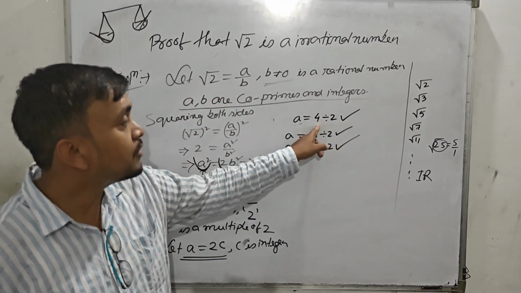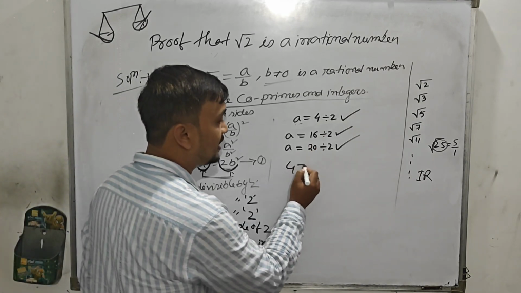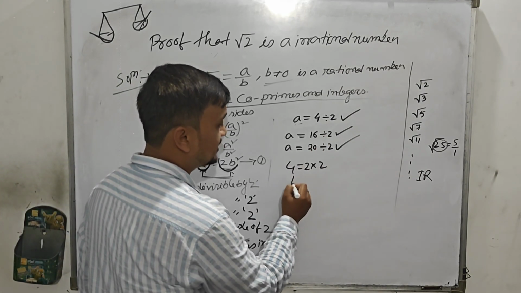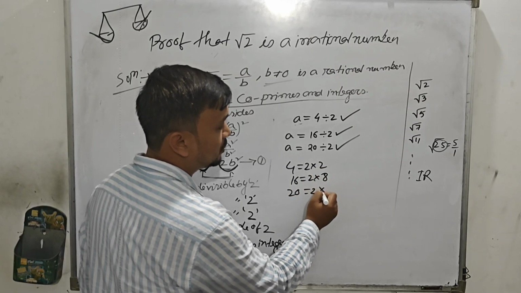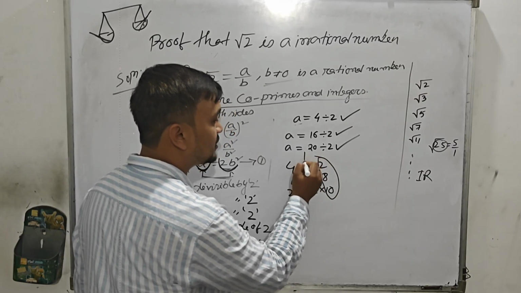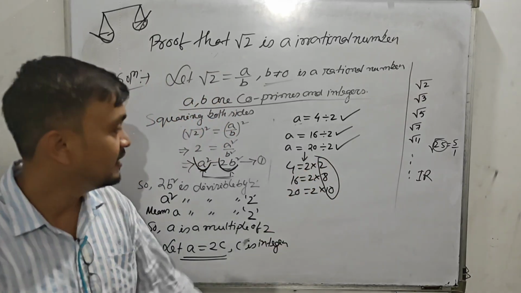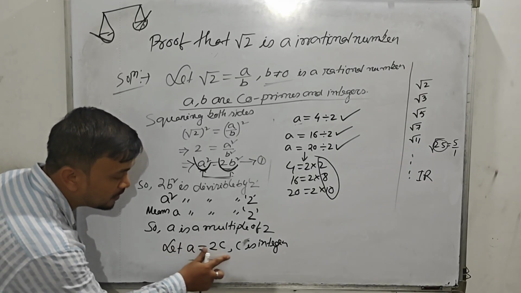These values of a, 4, 16, 20, can all be written: 4 as 2 into 2, 16 as 2 into 8, 20 as 2 into 10. That means these values are changing, but this 2 is constant, right? These are different integers. So that is why I have written a equal to 2c.